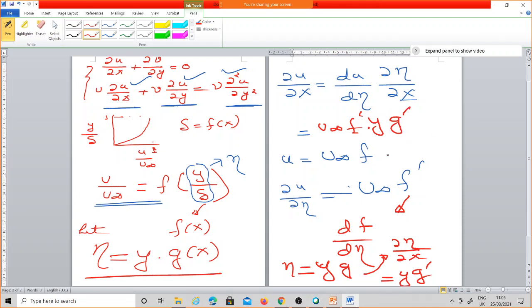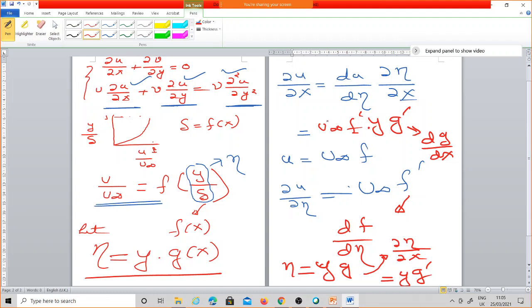So here, what is g prime? g prime means dg by dx. Remember that f prime means df by d eta, g prime means dg by dx. g is a function of x, f is a function of eta.